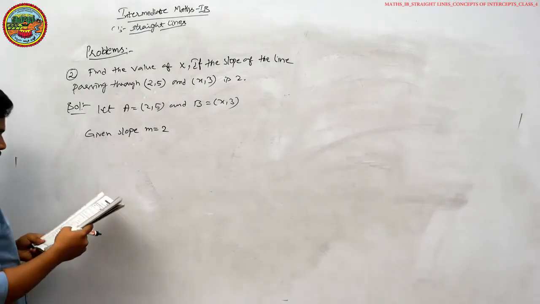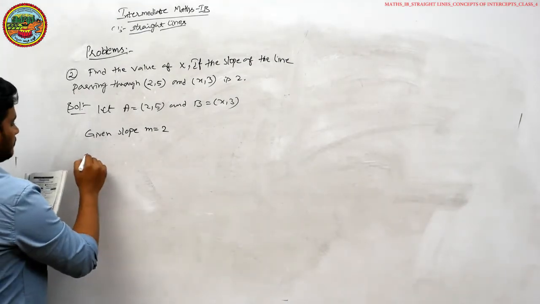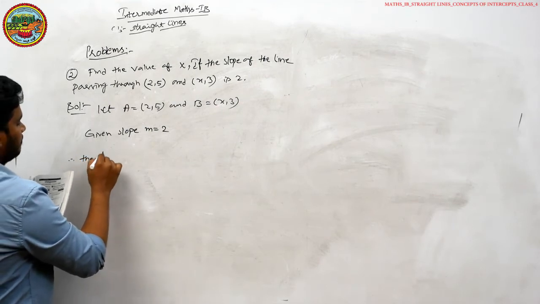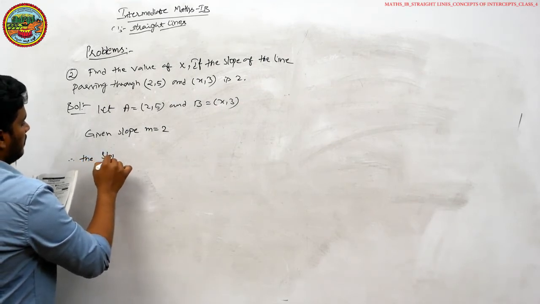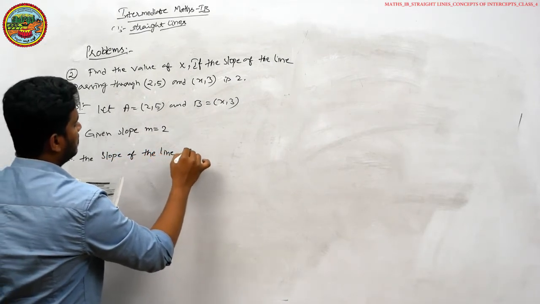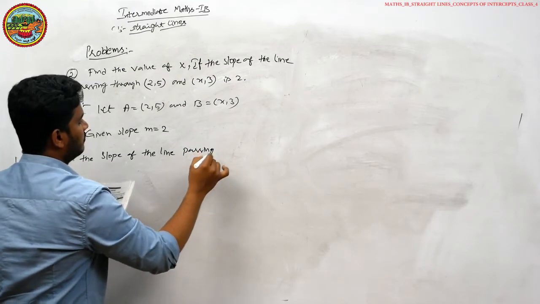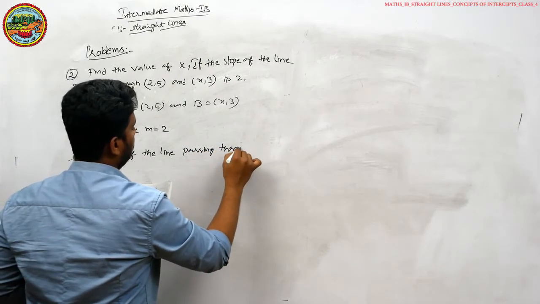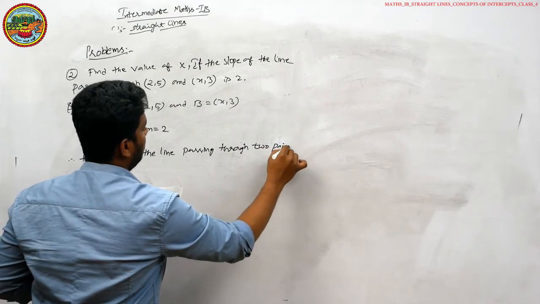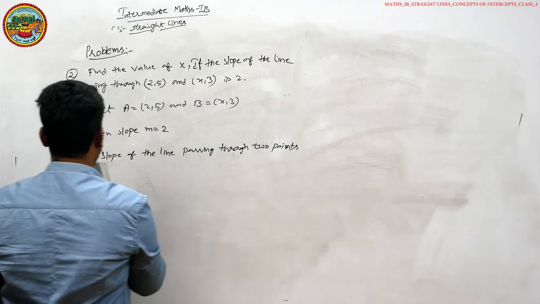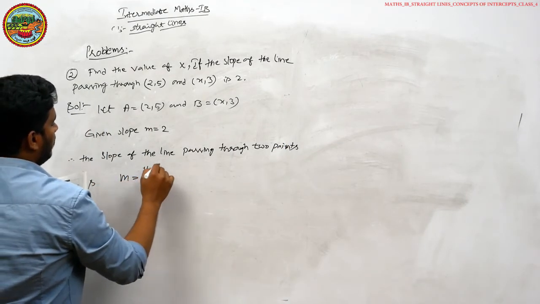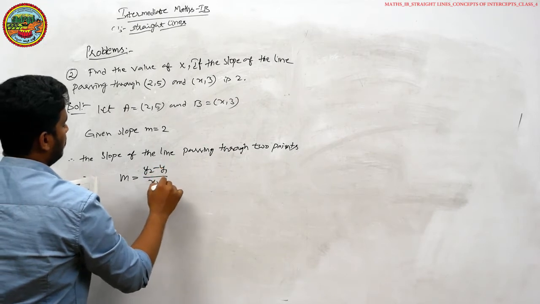Okay, so the slope m is equal to... therefore the slope of the line passing through two points is given by m = (y2 - y1)/(x2 - x1).